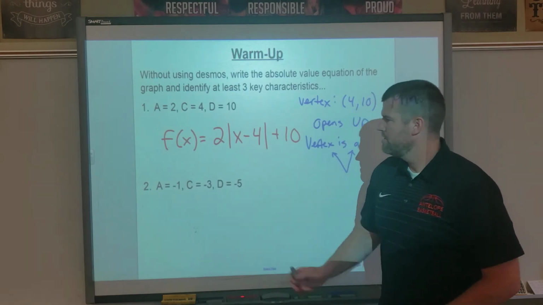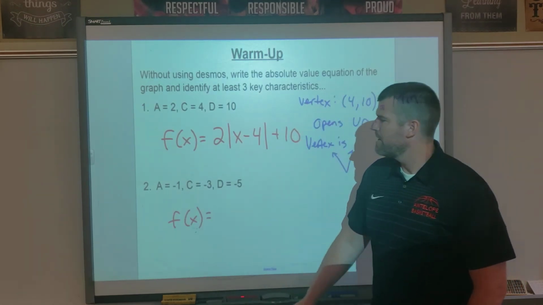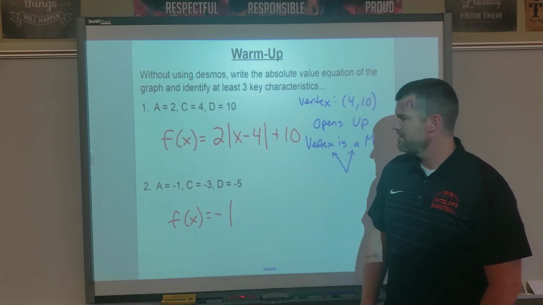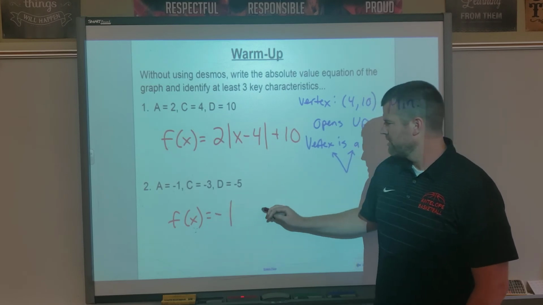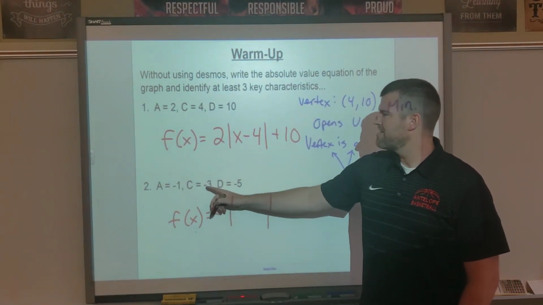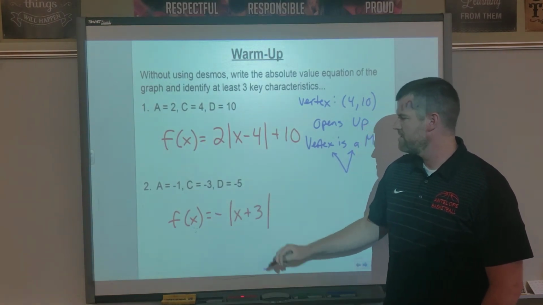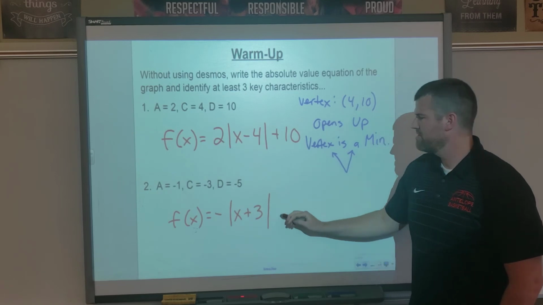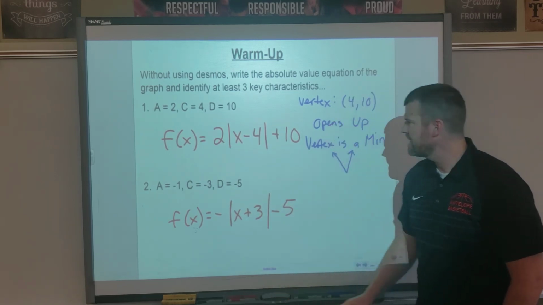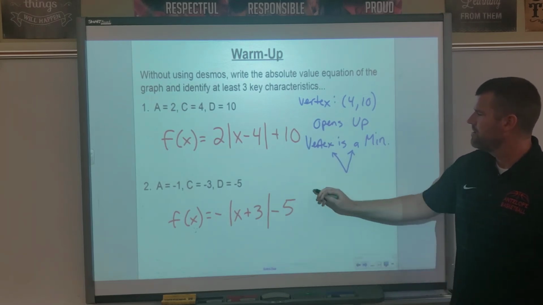The second one, I'm going to do f of x. My A value is negative 1, so that means in front of the bar I'm going to put a negative. I could put -1, but I don't really need to, right? Because negative implies -1. If my C is -3, then this will say x plus 3. And then if our D value is -5, it'll say -5. So again, three of the more important characteristics that we could identify.